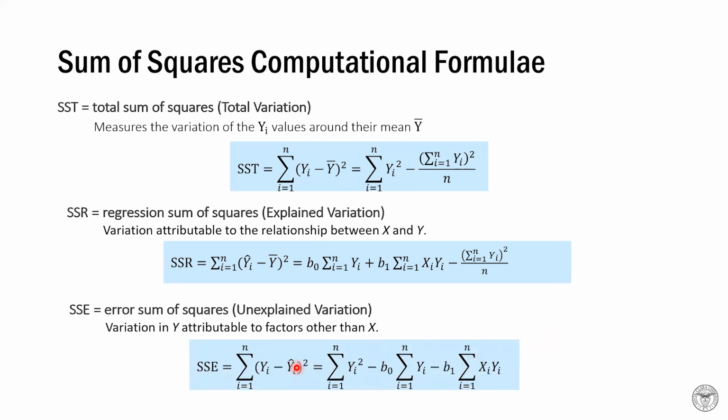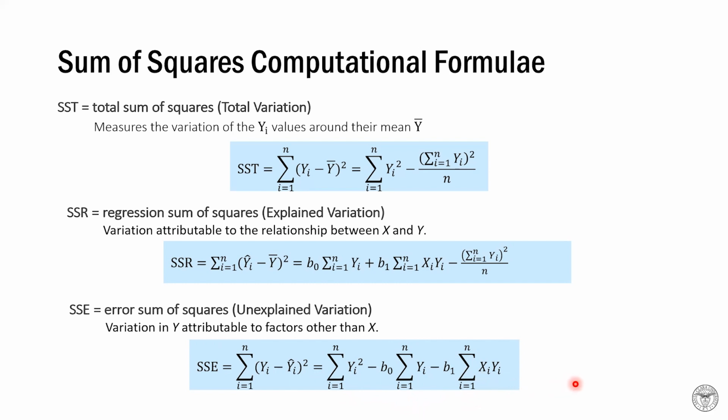And SSE is equal to the summation from i equal to 1 to n of (y sub i minus y sub i hat) squared, which is also equal to the summation from i equal to 1 to n of y sub i squared minus b sub 0 times the summation of y sub i, minus b sub 1 times the summation of x sub i times y sub i.